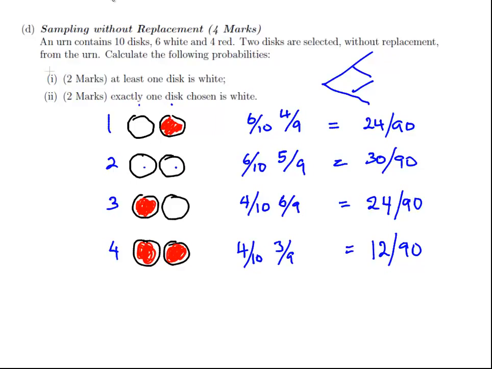Now, the first question is, at least one disc is white. Well, if you look at it there, you can see pretty clearly the probability of at least one disc being white is scenario 1, scenario 2 plus scenario 3.